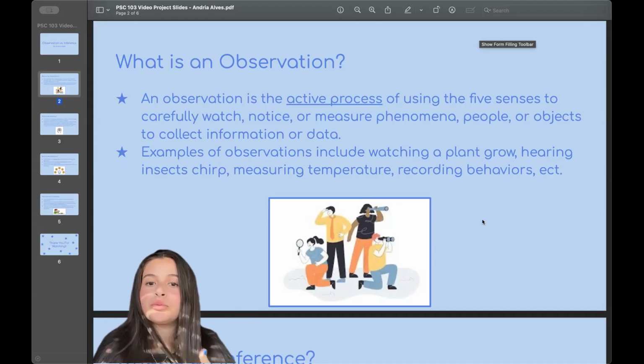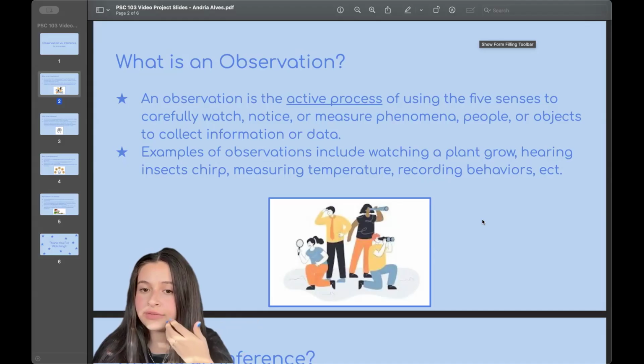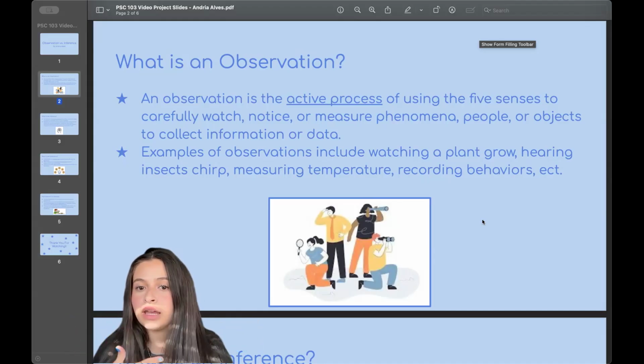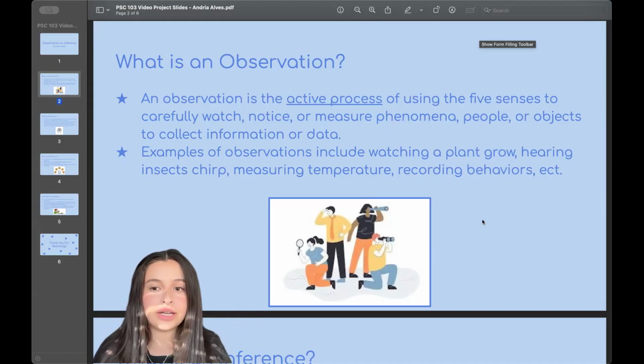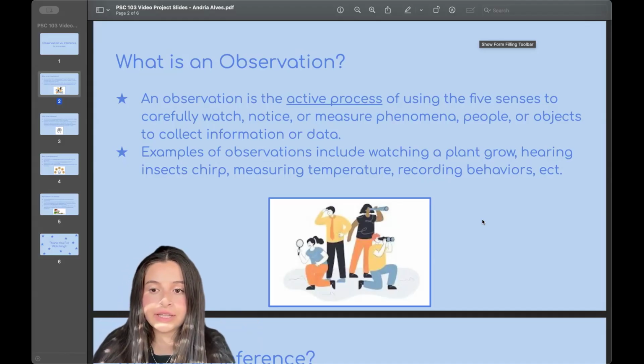Measuring temperature, which is once again using your eyes to physically see the temperature change. And recording behaviors. You're using your sight or even your hearing or your touch to record different behaviors that different things have.